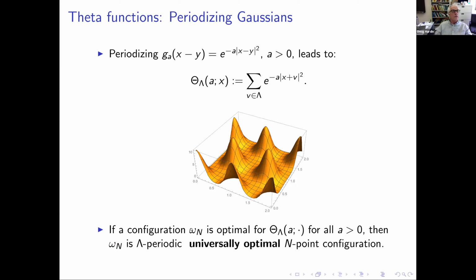When a configuration is optimal for all theta functions, in other words, for all A positive, then the configuration is optimal for a large class of potentials that I'll mention in just a minute. And omega n, we'll say, is a lambda periodic, universally optimal n-point configuration.